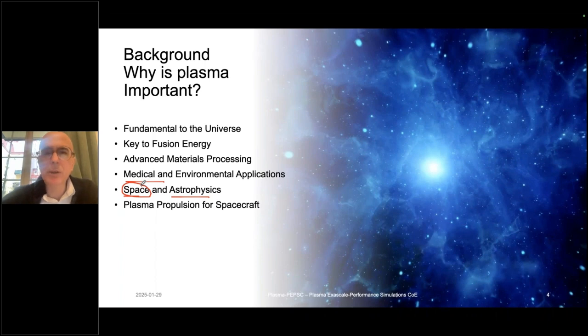You need to have predictive capabilities of what the plasma behavior in space is, and what the connection with the sun is. And a lot of plasma propulsion technologies are actually based on using plasma. The plasma is ejected by a plasma thruster, so that we can navigate through space.